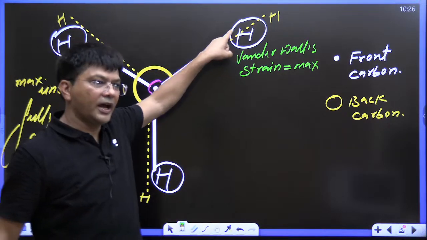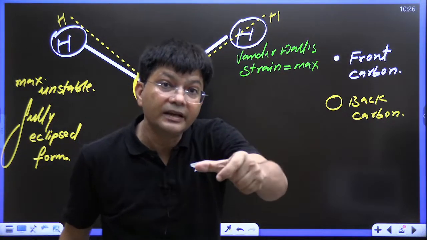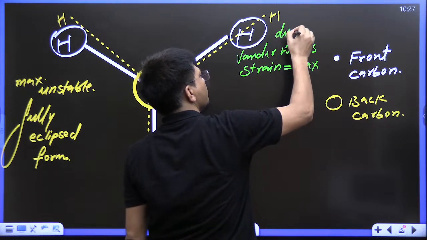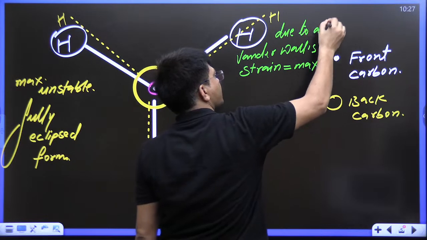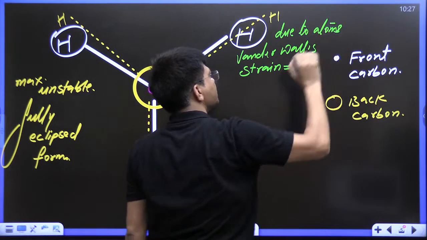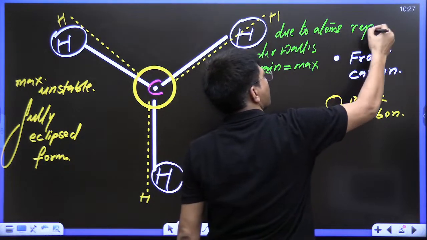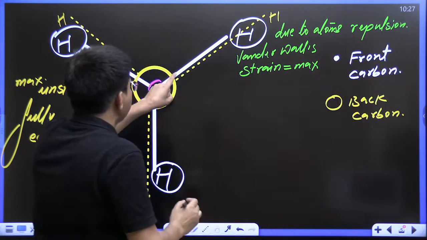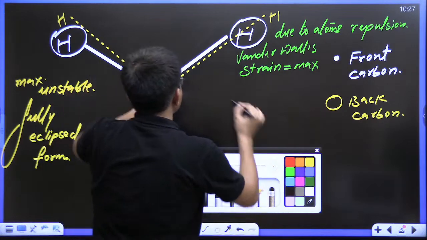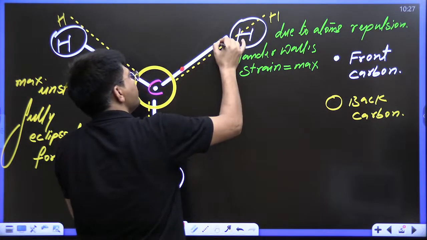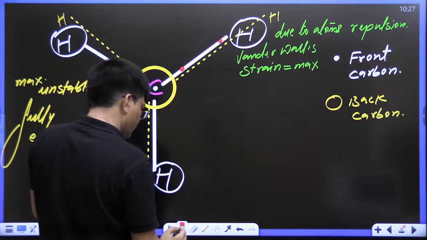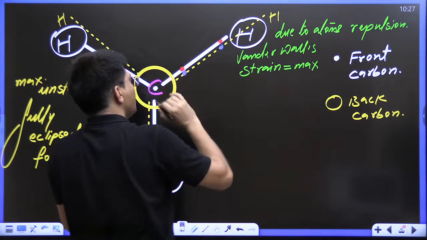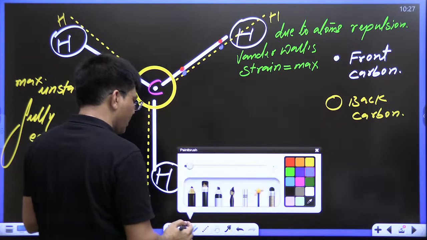Van der Waals strain arises due to the atoms' repulsion. And these are bonded electrons. See kids, these are bonded electrons. This hydrogen atom's bonded electrons and this hydrogen atom's bonded electrons. You know that electrons carry negative charge.